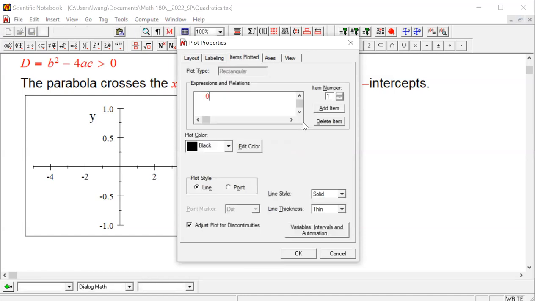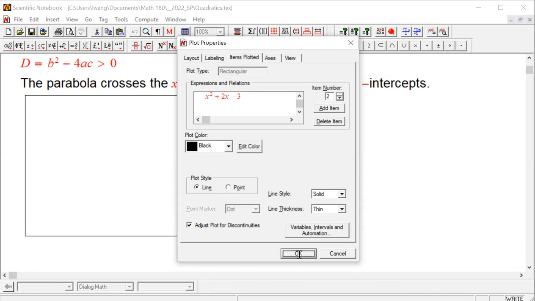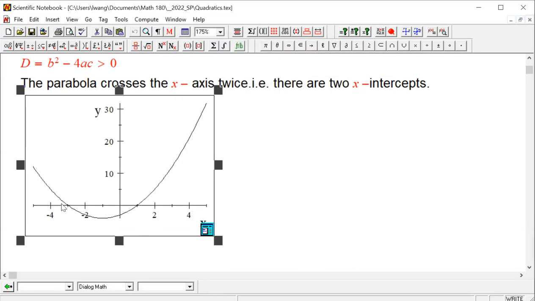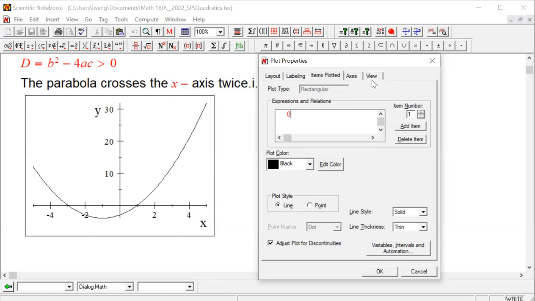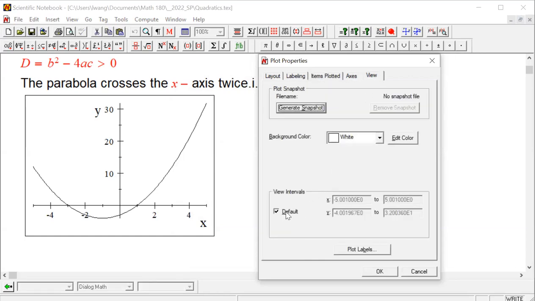Let me give you an example. I'm just taking some random examples and graphing them. You can see this quadratic function crosses the x-axis twice. This is actually the example we did earlier in the previous lessons. Let me make a little adjustment so it looks nicer.